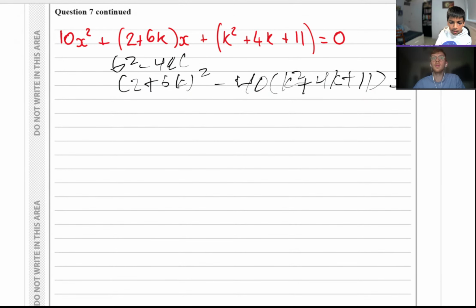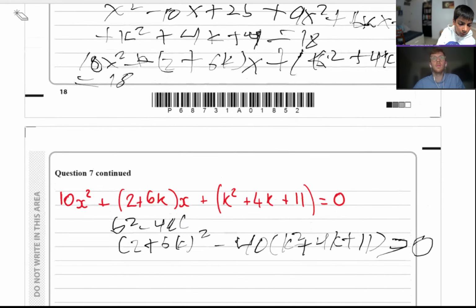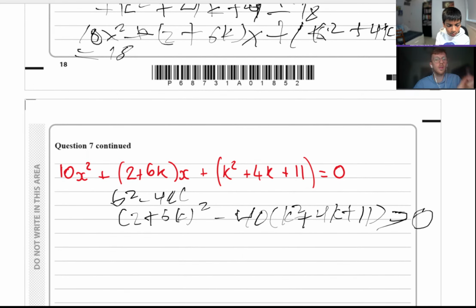I think it should be more than 0 because there's more than one possible solution. So you've substituted the line into the circle equation, turned that into a quadratic, and made that quadratic equal to 0. Then you use the discriminant. You're saying the discriminant has to be greater than 0 because it has more than one solution. Is that what you're saying?